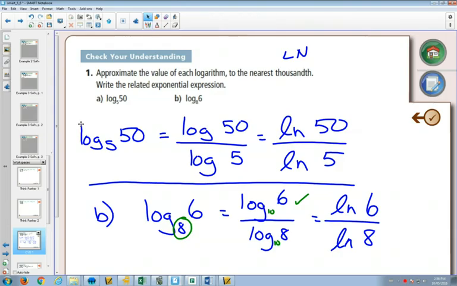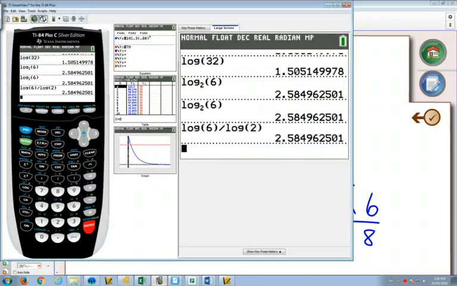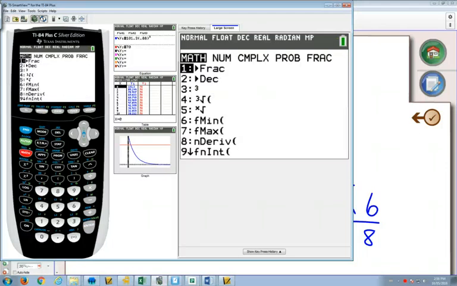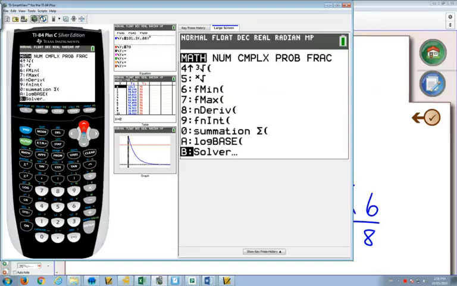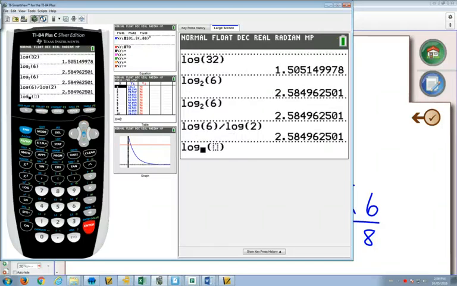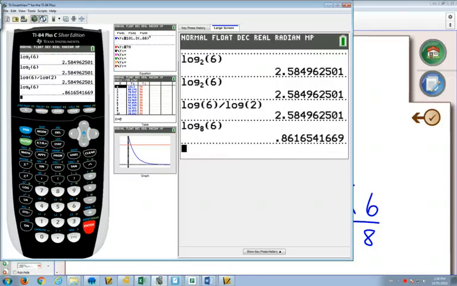If you have a calculator that lets you do log bases like I have here, that would be under the math button, and you'd have to scroll down to the bottom till it says log base. If you push enter on that, that allows me to do log base 8 of 6.